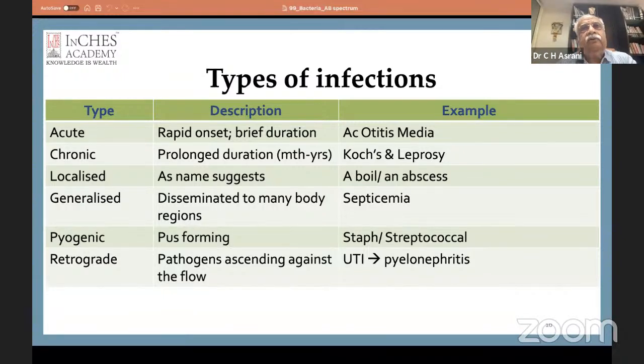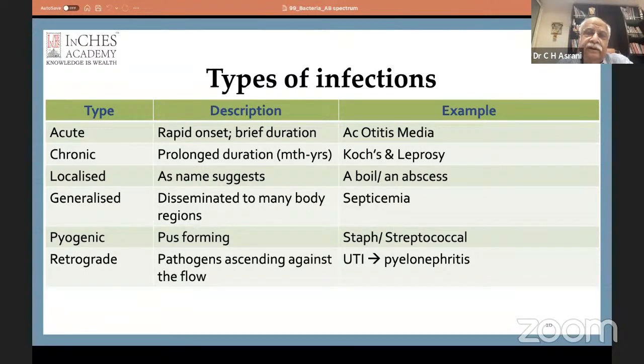Generalized infection is disseminated to many body parts, as in septicemia or sepsis. Pyogenic infection is where pus is formed, staphylococcal, streptococcal; the commonest are boils and abscesses. And retrograde infection is where the organisms ascend against the normal flow.